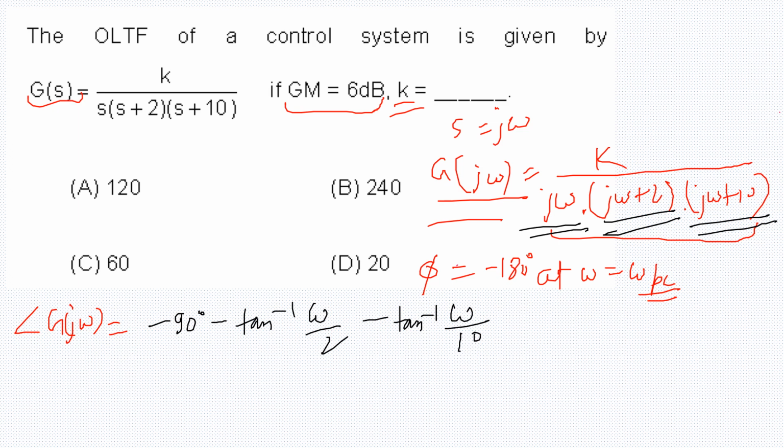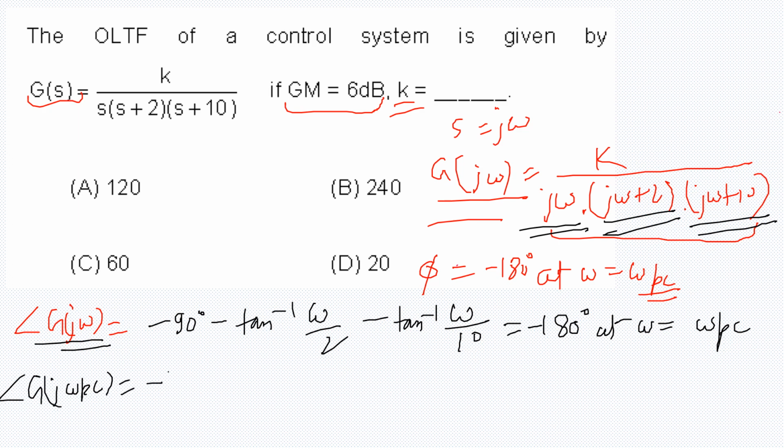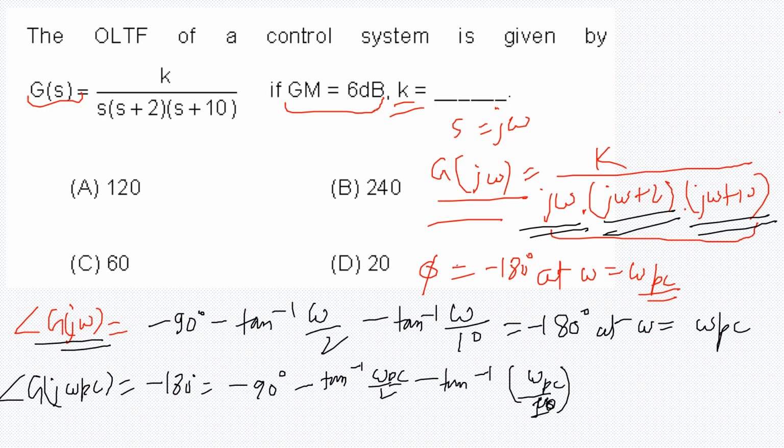Now this angle should be equal to minus 180 degrees at omega equals omega pc, so angle G(j omega pc) equals minus 180 degrees, which equals minus 90 degrees minus tan inverse of omega by 2 minus tan inverse of omega by 10. This should be omega pc.